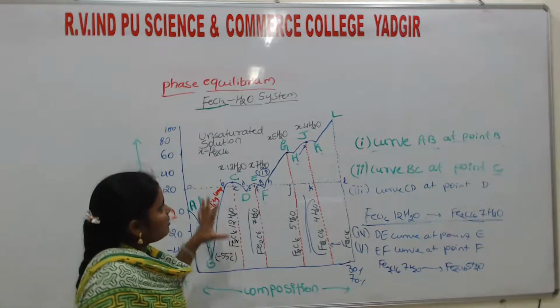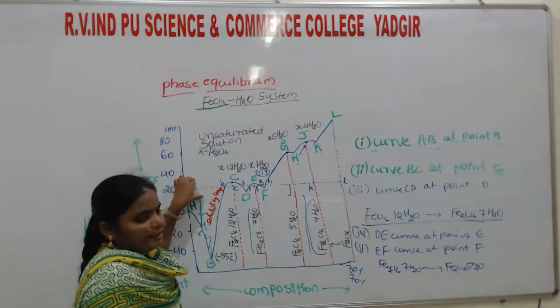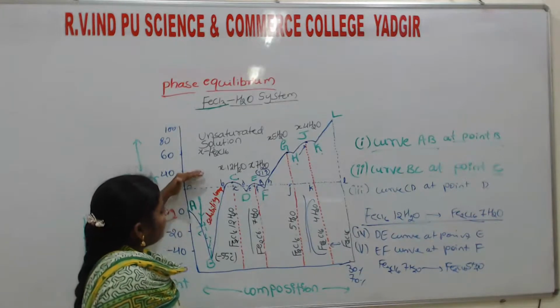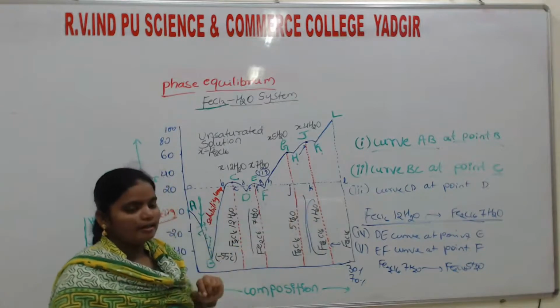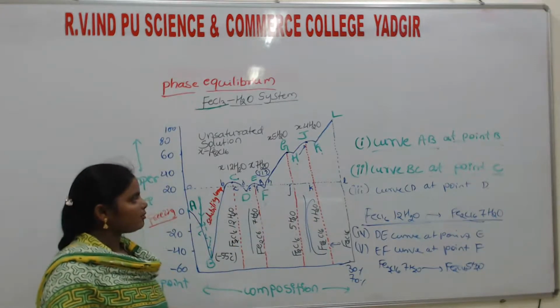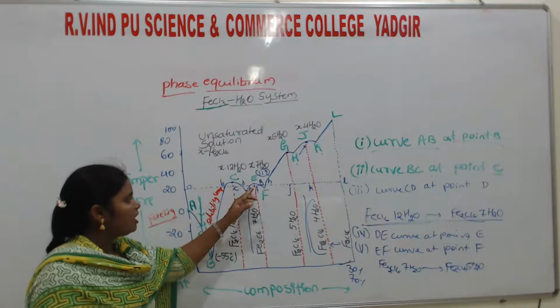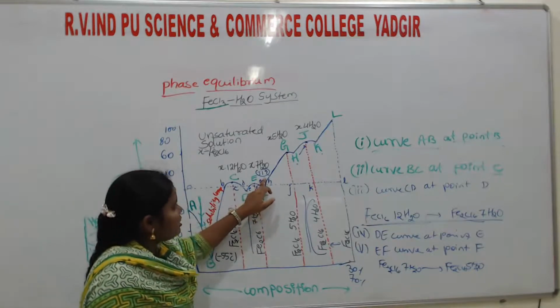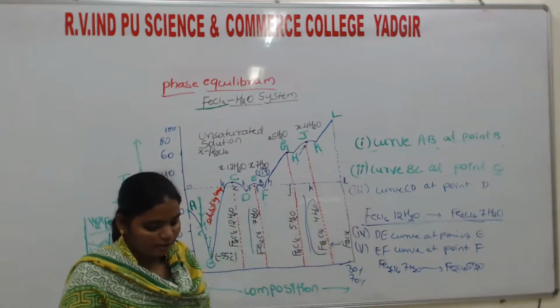What happens here? Heating takes place along this horizontal line A to L, passing through the points A to B, B to C, C to D, D to E, E to F, F to G, G to H, H to J, J to K, K to L.